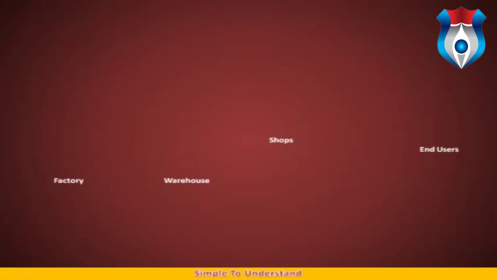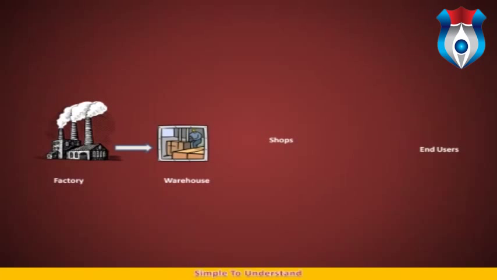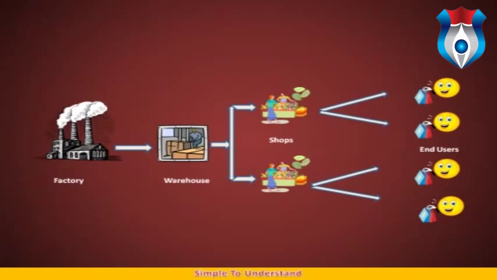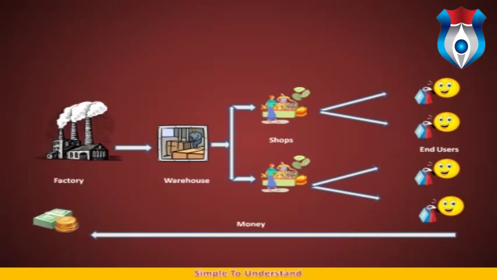You know that the products are produced in the factories and the finished goods are taken to the warehouses in the cities. Then they are supplied to various retail shops and consumers can go and buy from there. Once the consumer buys that product, he pays back to a retailer and the money goes back to factory.